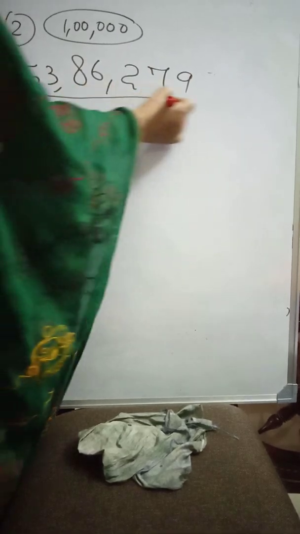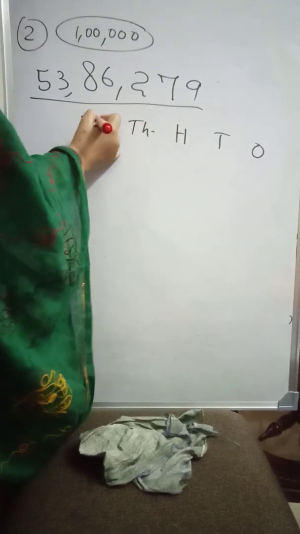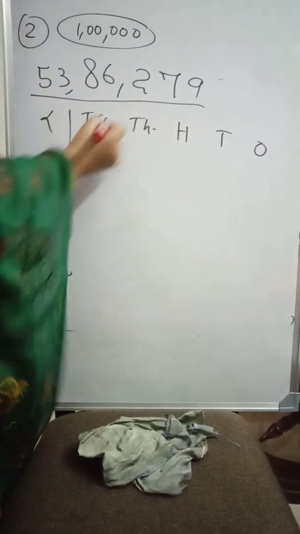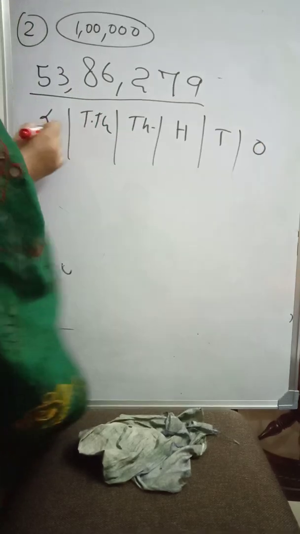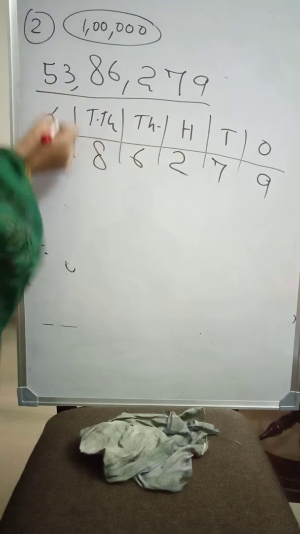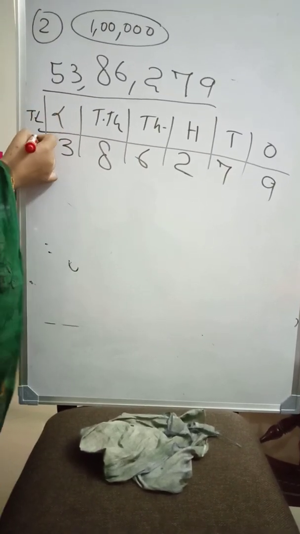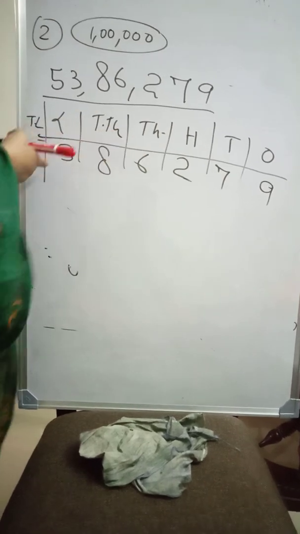So firstly आप क्या करोगे? You will make the place value chart: ones, tens, hundreds, thousands, 10,000s and lakh, and insert the number in the place value chart. Correct? Now start: 9 ones, 7 tens, 2 hundreds, 6 thousands, 8 10,000s, 3 lakhs and 5 ten lakhs. So it is the place value chart.